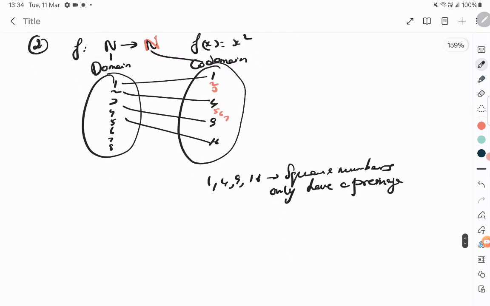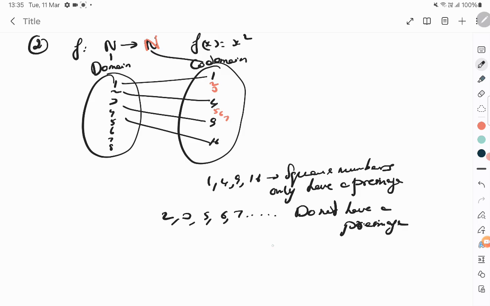The non-square numbers such as 2, 3, 5, 6, 7 do not have a pre-image, which clearly suggests that it's definitely not onto. Correct? It's definitely not onto.